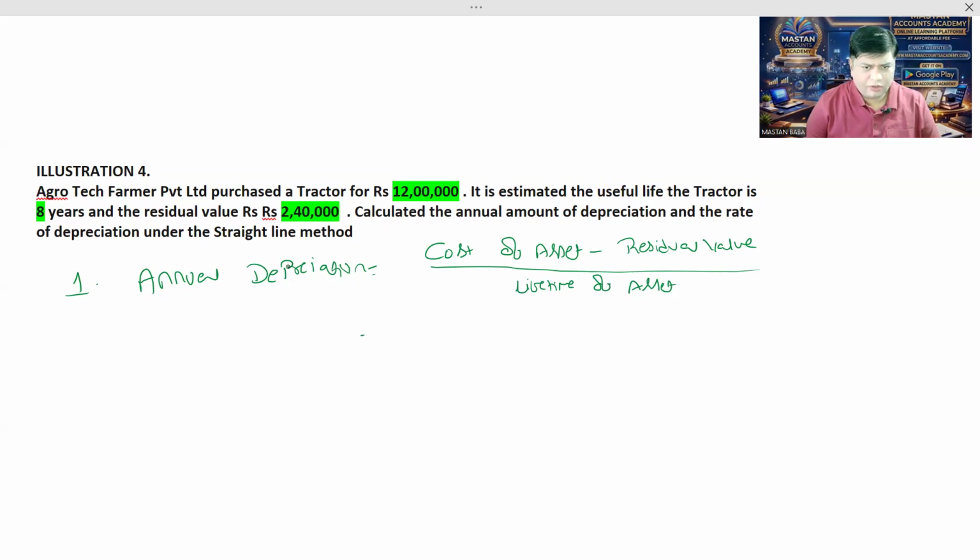So just substitute the values for 12 lakh minus 2 lakh 40,000. 12 lakhs minus 2 lakh 40,000 divided by how many years lifetime? 8 years.